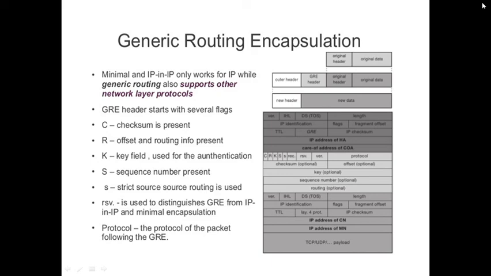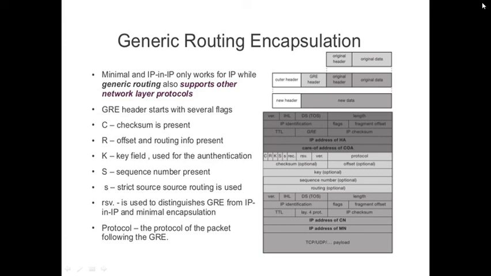The C bit indicates if the checksum field is present and contains valid information or not. The checksum field is there, right? The checksum field will perform some error detection, or it shows the integrity of the data. So whether that field is present and contains information or not is mentioned by the C bit.